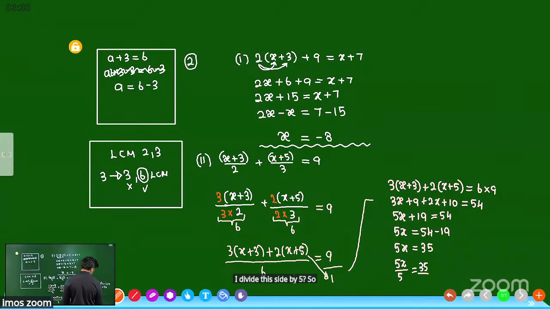So I have to divide this side by 5. So x is equal to 7.